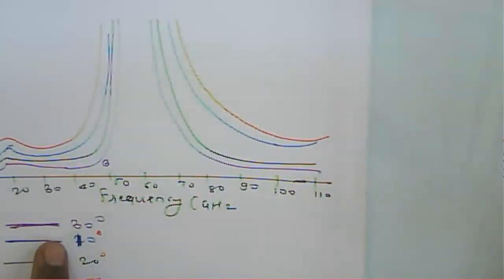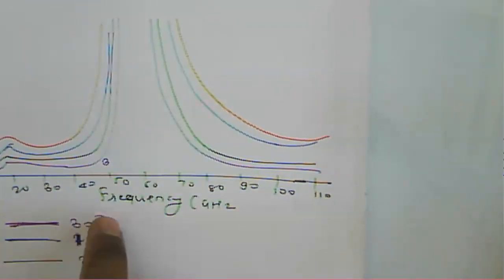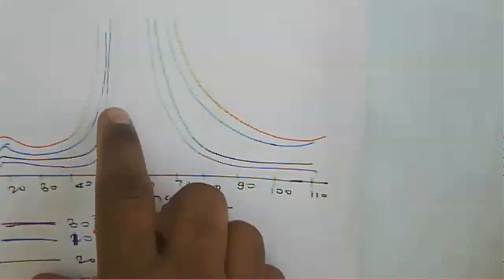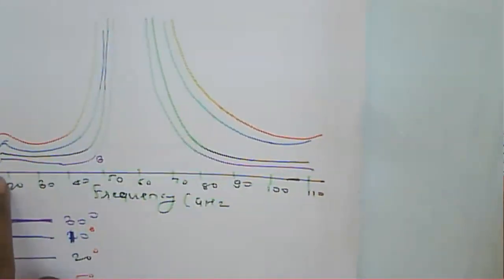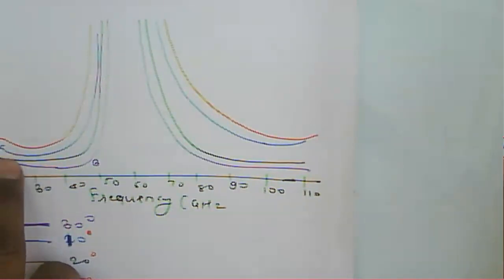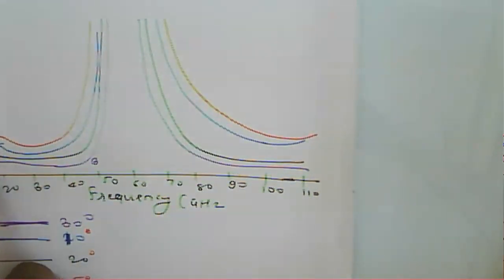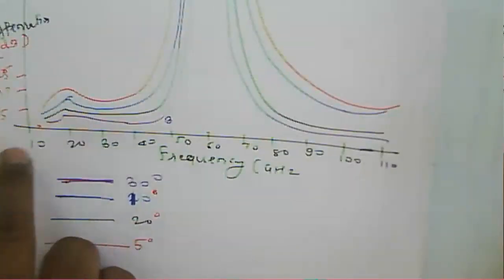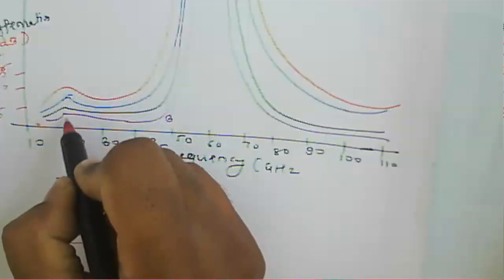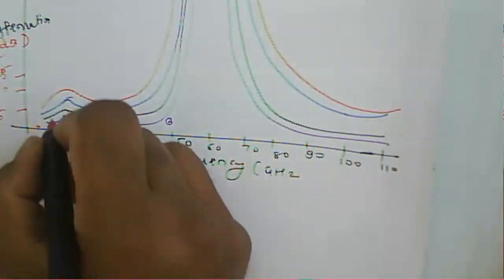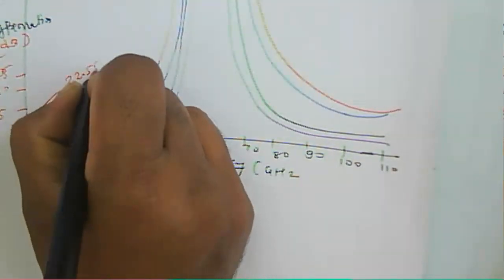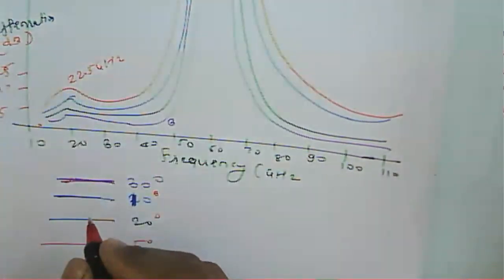Now at different elevation angles, or different locations, the attenuation will change. If you consider this particular frequency range, resonance, some particular peak occurs, and that peak occurs at 22.5 gigahertz.